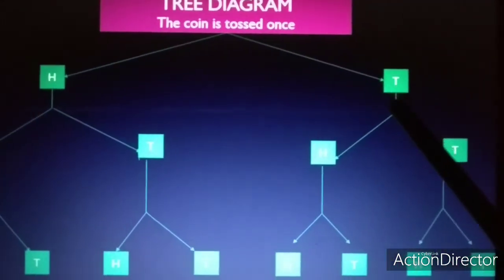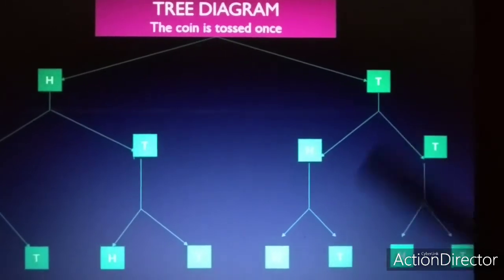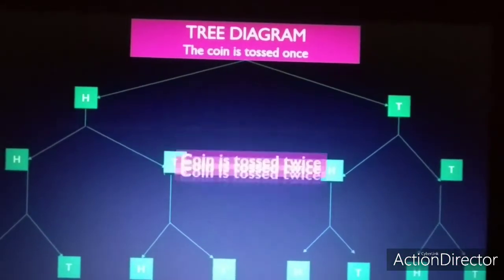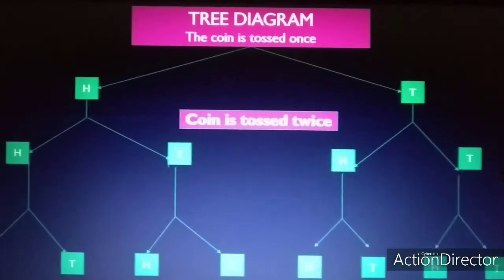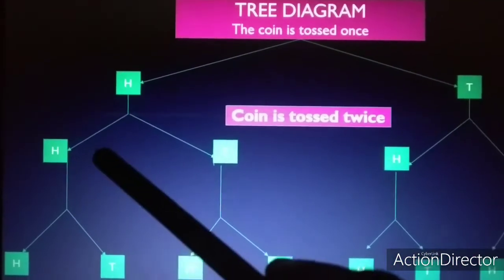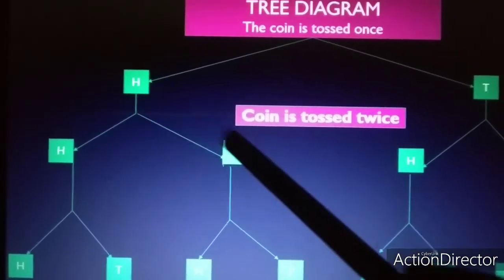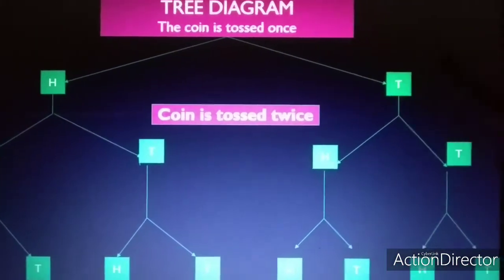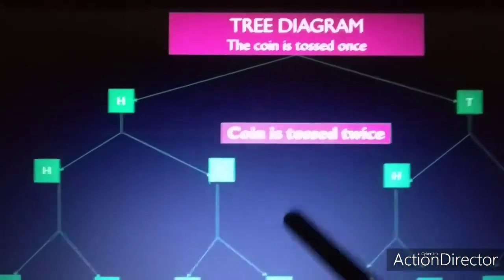Again from this tail I am going to make this branch and then write it as head and tail. So when you toss the coin two times, you are getting head, tail and head, tail over here. But how will you write the sample space? You will be writing HH, HT, TH and TT. So you'll be getting four sample spaces.